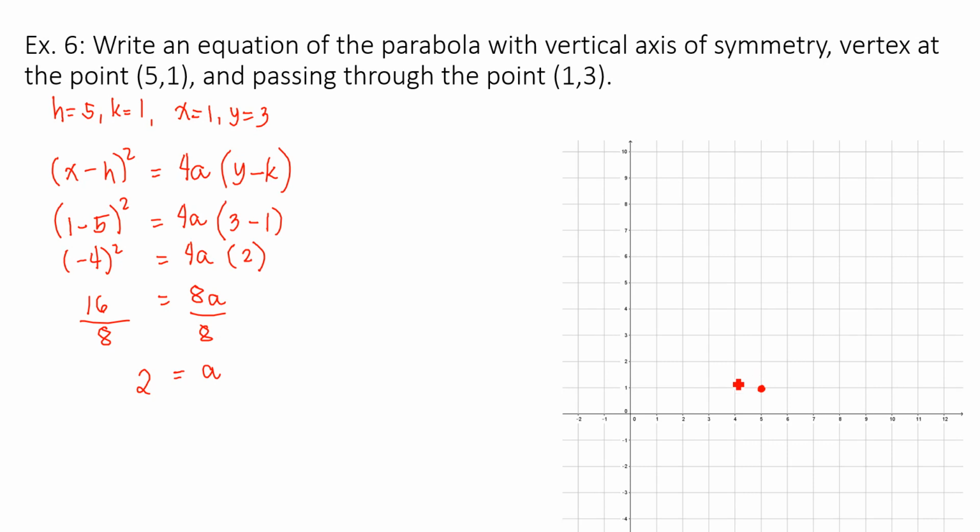The first scenario is if it is open upward. Okay, then we have 2 points, it could be here or it could be here. But take note that the graph passes through the point 1, 3. So here.